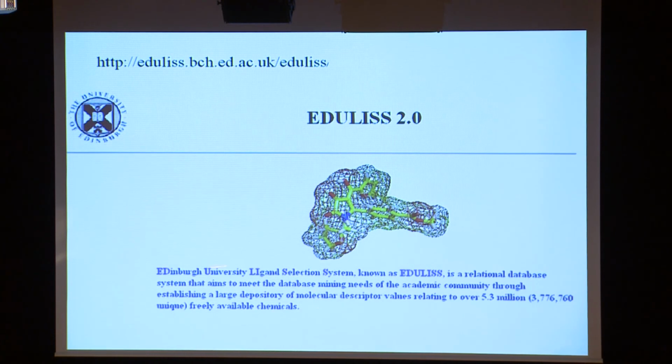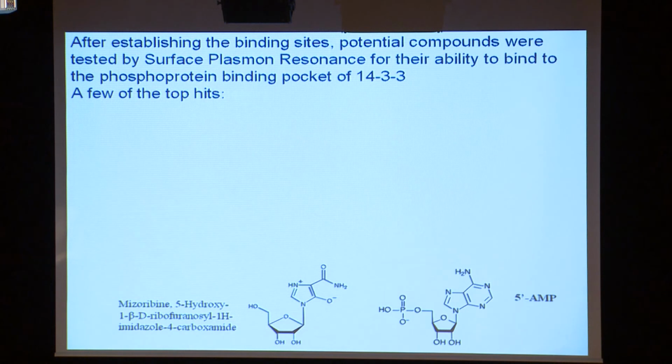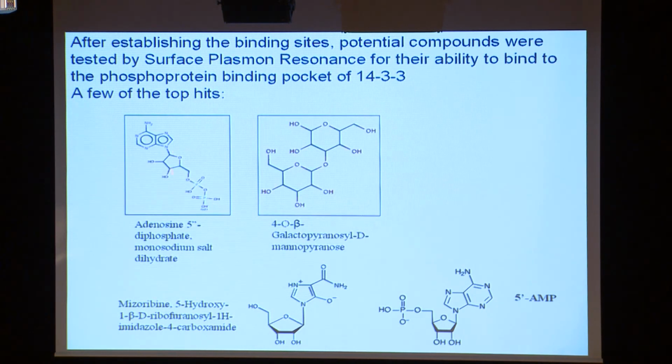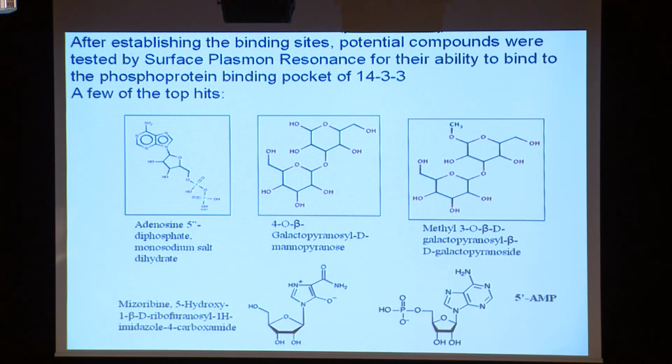But this is the Edinburgh University ligand selection system, which can match in the computer structures of actual binding to putative in silico binding. And we have a few lead compounds which might mimic some of them, some of them are nucleotide-based, as you might imagine with phosphate groups.